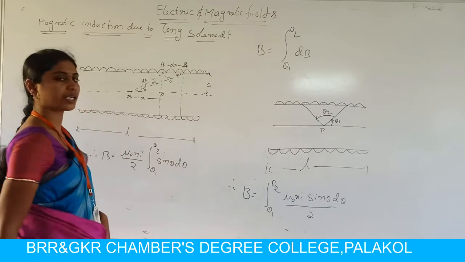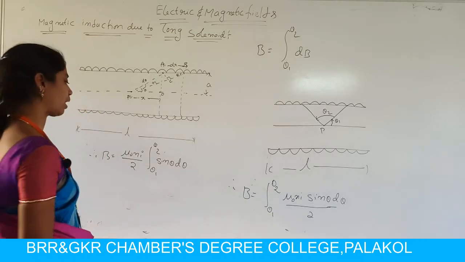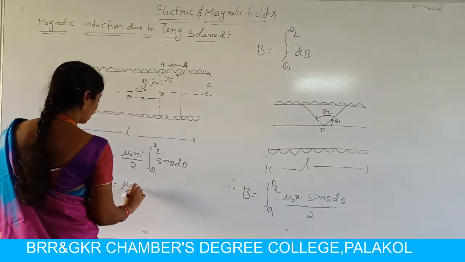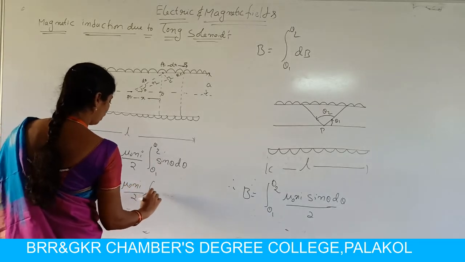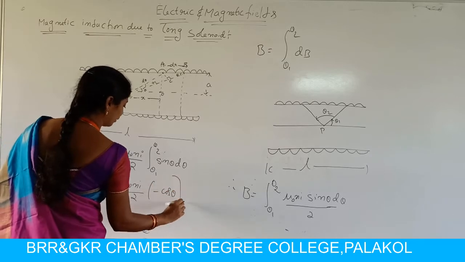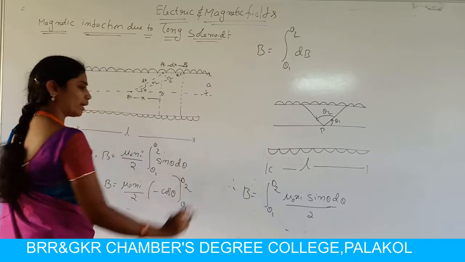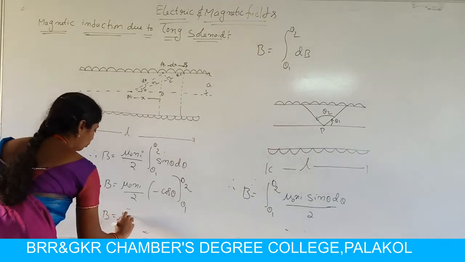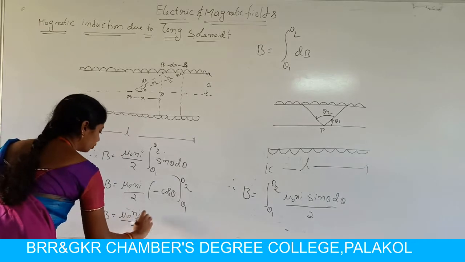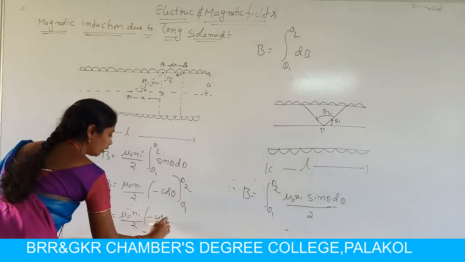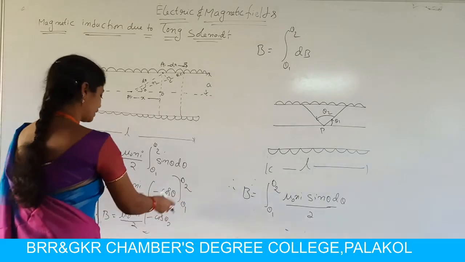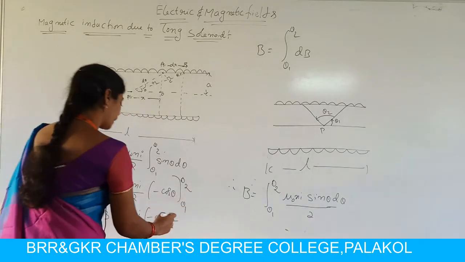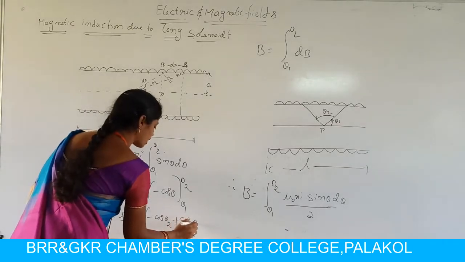Here, integral sin theta, we know integrating sin theta gives minus cos theta. Therefore B equals mu naught ni by 2 into minus cos theta between the limits theta 1 and theta 2. Substituting the upper limit first, we have minus cos theta 2, and by substituting the lower limit, minus of minus becomes plus cos theta 1.